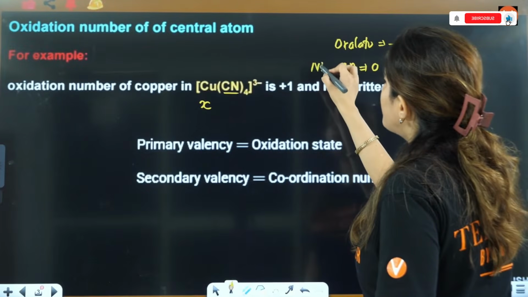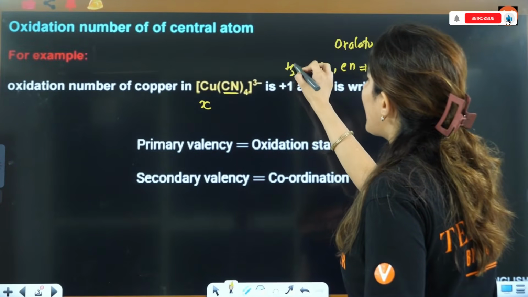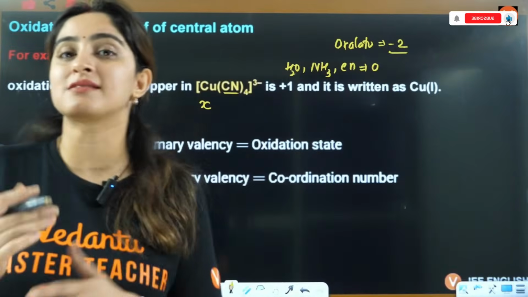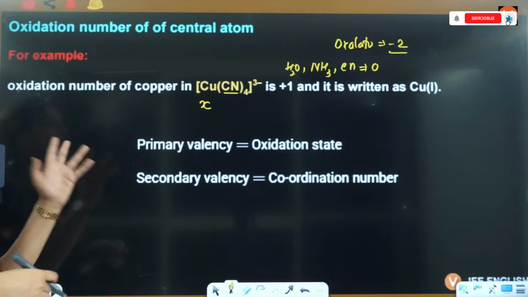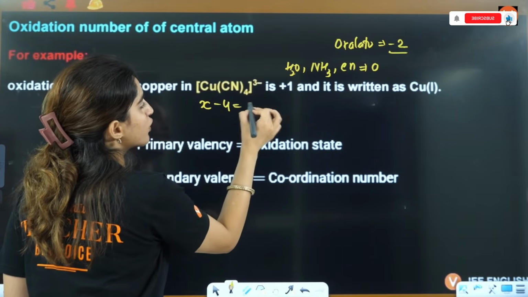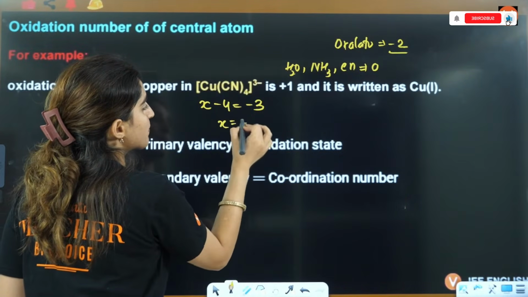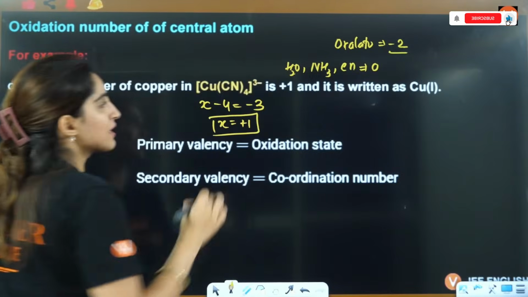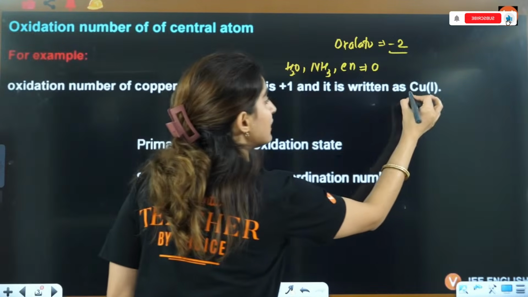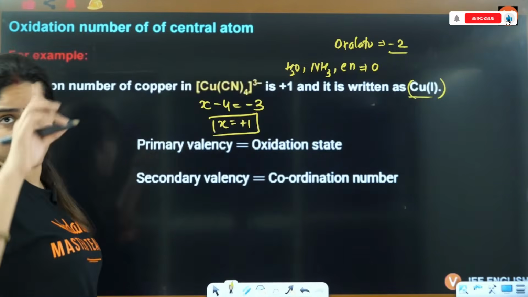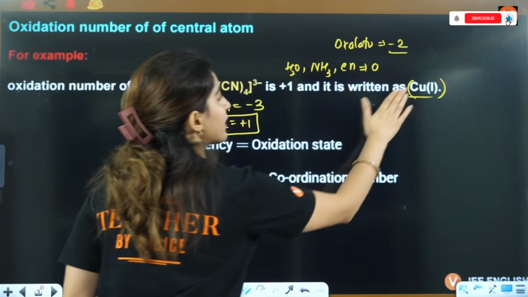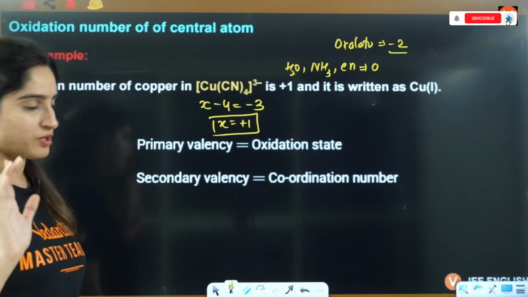Ammonia and water have 0 charge. So that should be in your tips: which ligands have negative or positive charges. Now if each has -1 charge, 4 will give -4, the overall charge is -3, so X is going to be +1. That defines the oxidation number, which is written in brackets in Roman numerals, so here we will write it as I.